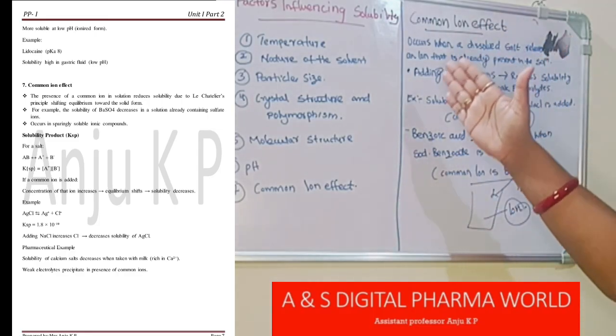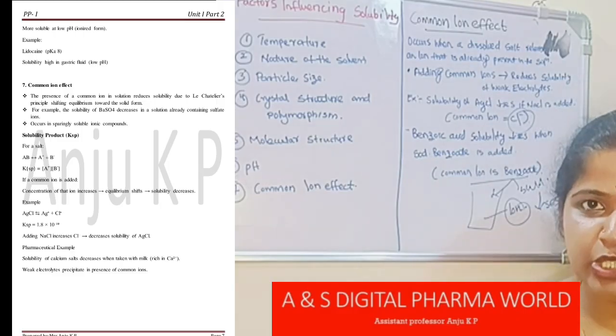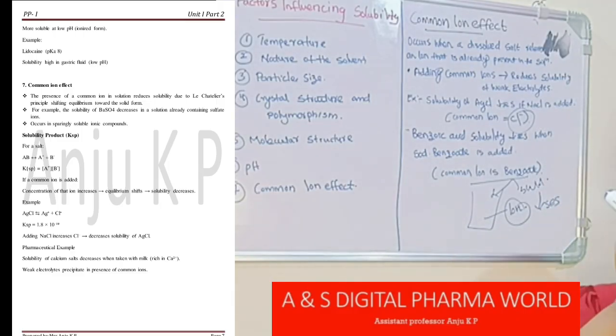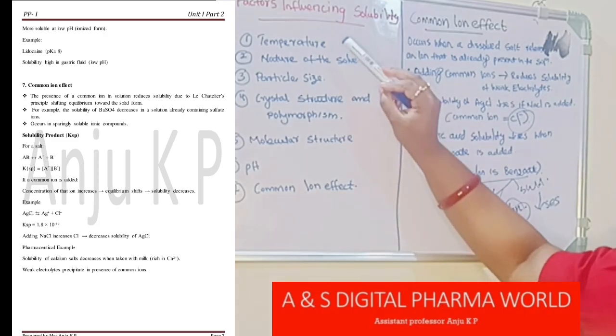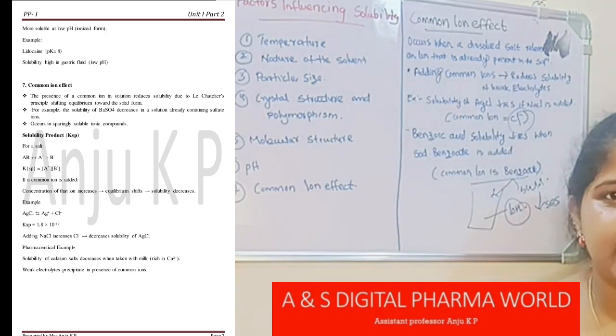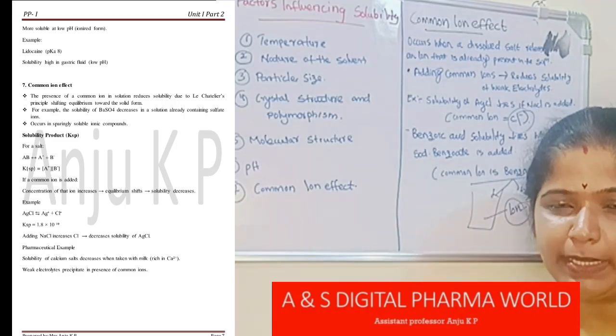Okay, so now we have completed the 7 factors. I hope you understood. In short, we will go through these 7 parameters once again. First, temperature: dissolution can be endothermic as well as exothermic.